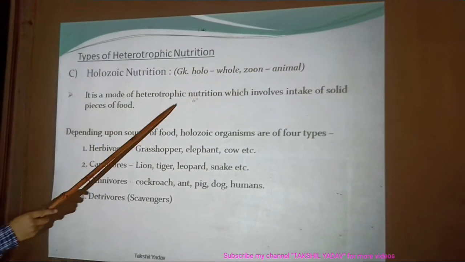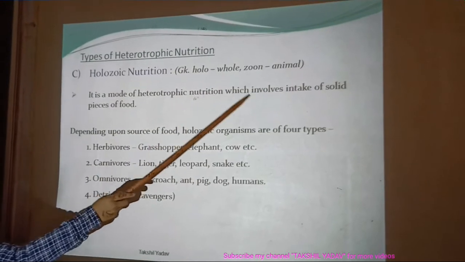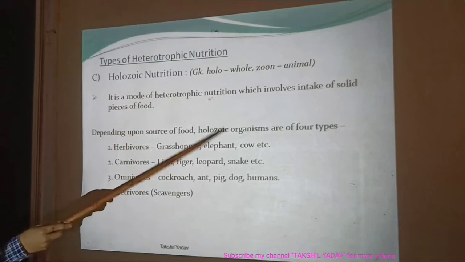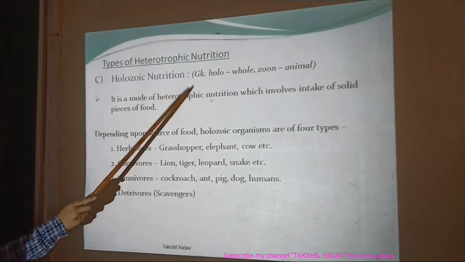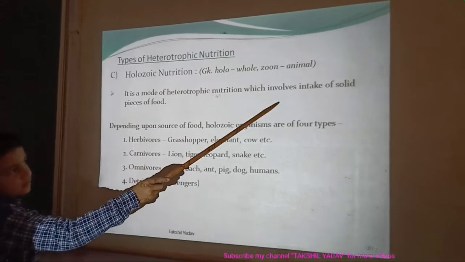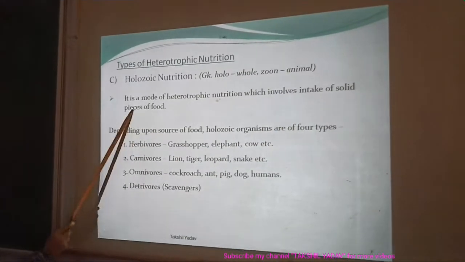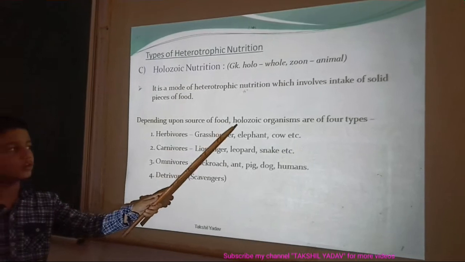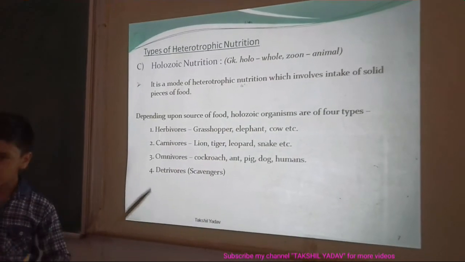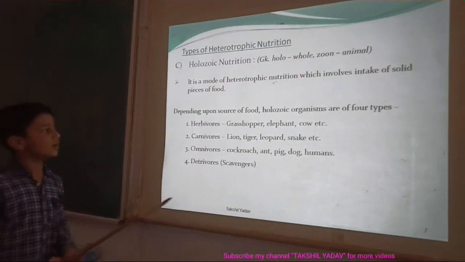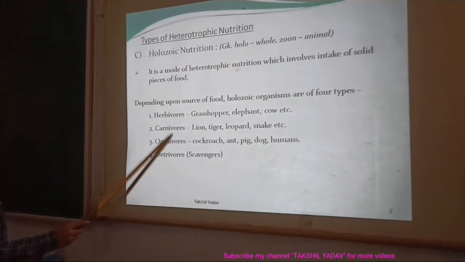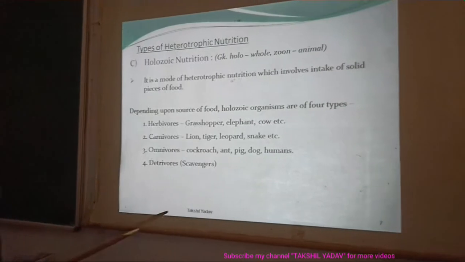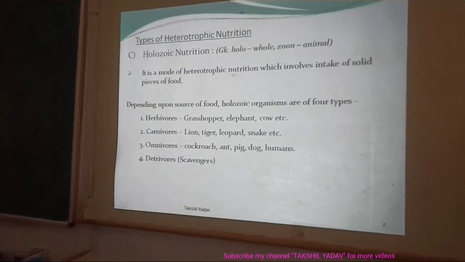It is a type of heterotrophic nutrition that involves the intake of solid pieces of food. Depending upon the sources of food, holozoic organisms are of four types. These organisms are the herbivores, carnivores, omnivores, and detritivores, also known as scavengers.